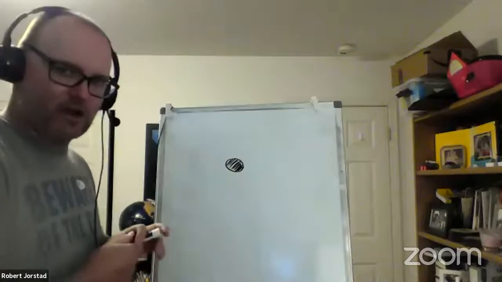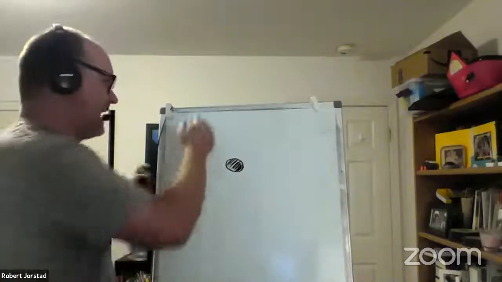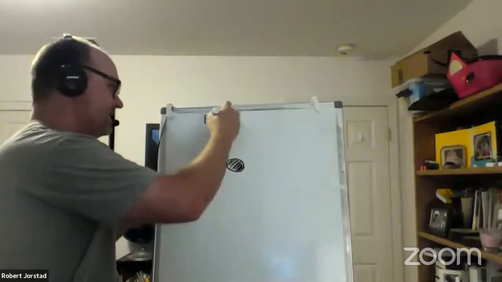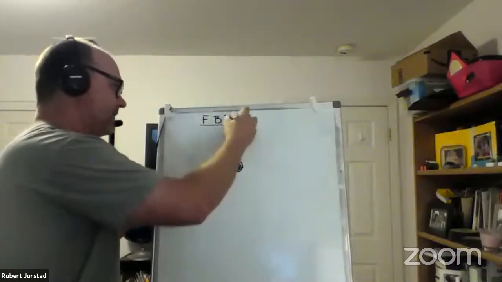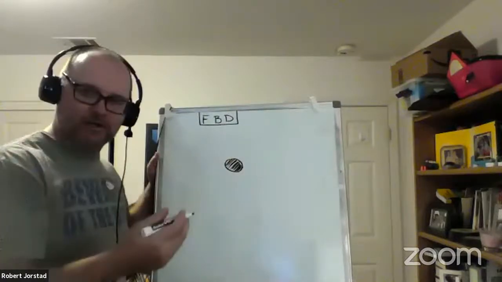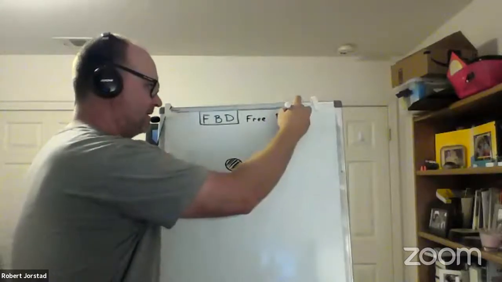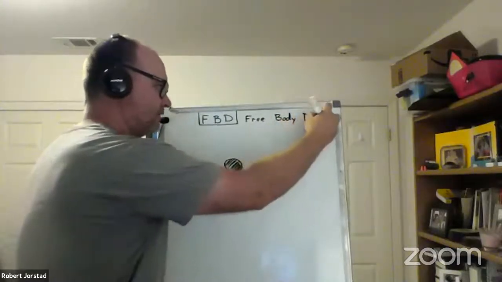Now, I haven't really explicitly stated this, but what I'm going to draw right now is called a free body diagram, or an FBD. Again, what does that mean? Free body diagram.